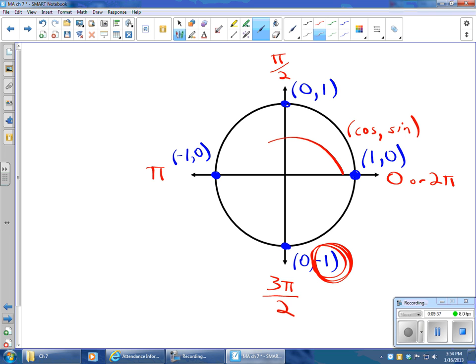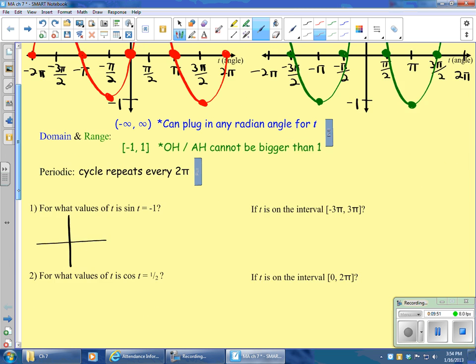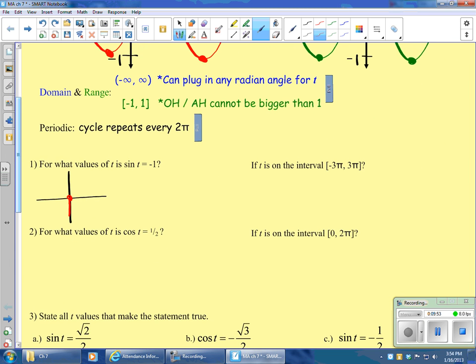So what is the angle so that I end up pointing straight down? That is 3 pi over 2. Let me clear those off. So that means that at 3 pi over 2, the sine equals -1. So that's my angle.